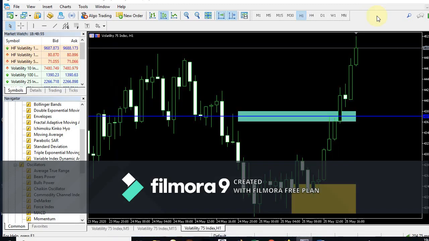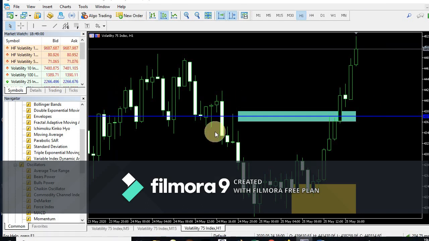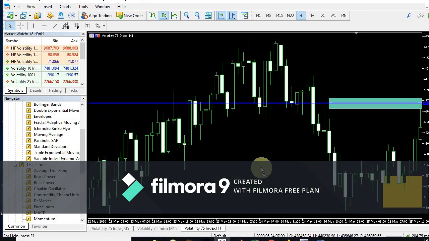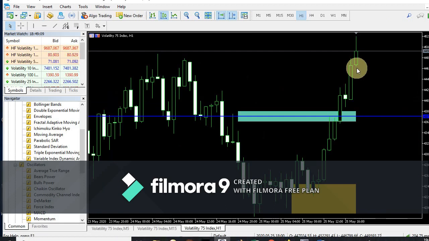This is V75, volatility index 75. This is a real online, real-time price movement of the volatility index. Price met with a support here, and you can see what happened.